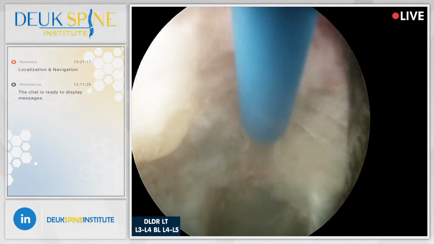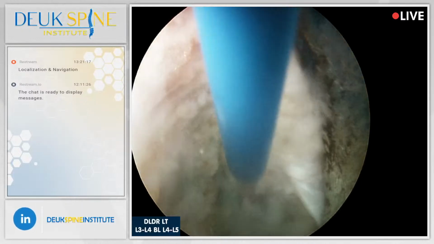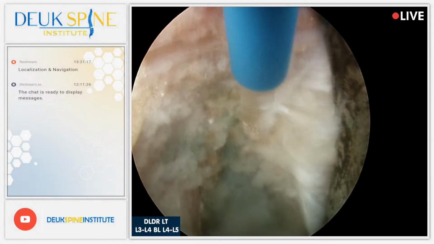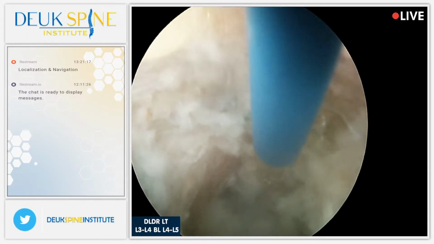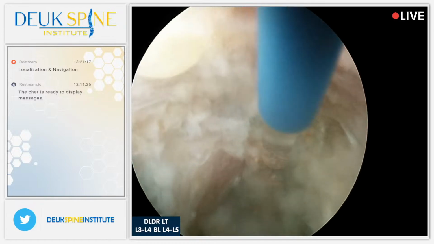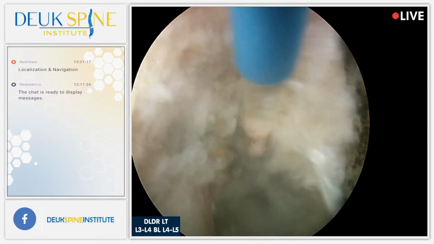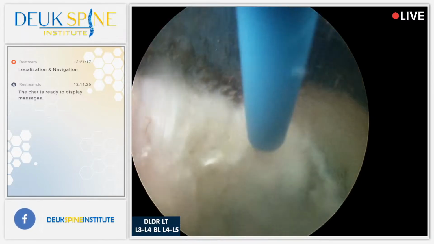Now I'm removing that nuclear material, the interposed herniation. You can see the white fibers there where you transition from the annulus white fiber to the posterior longitudinal ligament. And the ligamentum flavum, which of course is the yellow ligament.